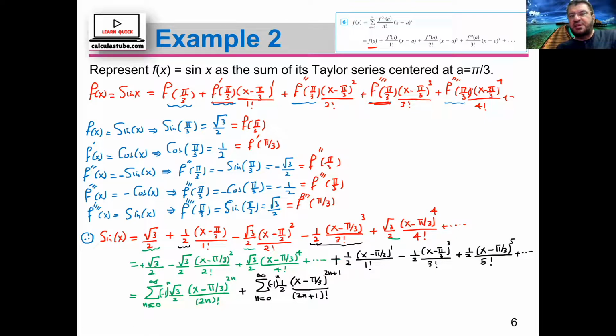And by the way, if you take n equals 0, this is going to go, and you still remain with 1, and this is the first term, which is to the power 1. So this is the power series presentation of the function sine x around pi over 3. It has 2 power series. I can split that. So this is one of the unique things about the Taylor series. It can be presented as a sum of 2 series.